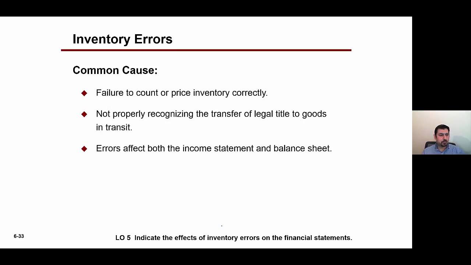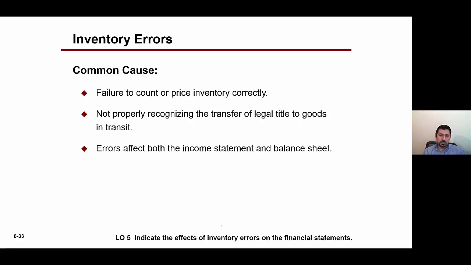Now, unfortunately, in several cases inventory errors occur, and this could be simply human error. Someone miscounted the inventory, or someone did not take into consideration the goods in transit, and this usually affects both the income statement and the balance sheet.